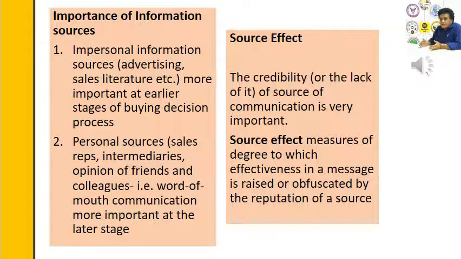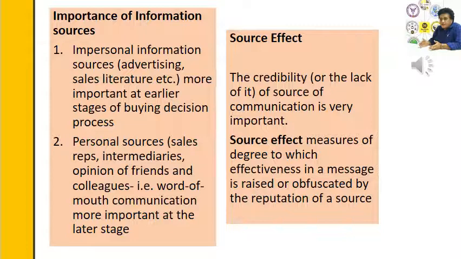In the initial stages of buying industrial products, it is possible that impersonal information sources like advertising and sales literature are more important in the earlier stage. However, in the concluding or later stage, personal sources like sales representatives, intermediaries, opinion of friends and colleagues, or word of mouth are more important.